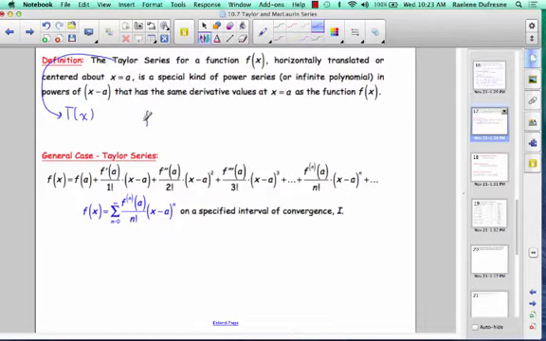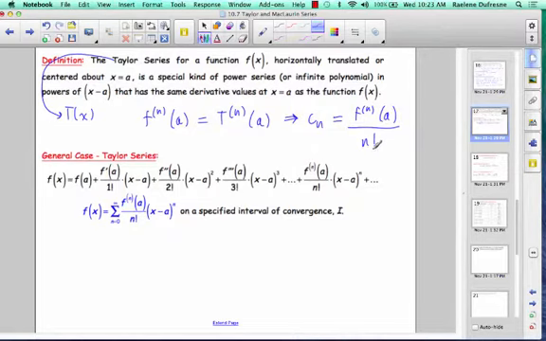So our condition is that the n derivatives of f at a are equal to the n derivatives of t at a, which implies that the coefficients are given by the nth derivatives of f at a divided by n factorial.